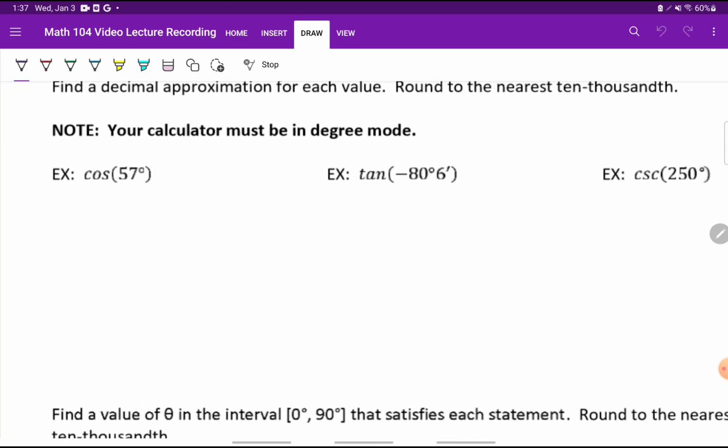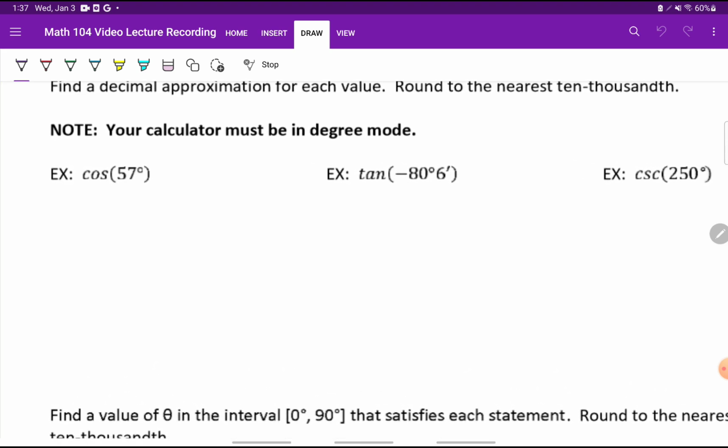All right, well, we want to start by finding cosine of 57 degrees. So once we've made sure that our calculator is in degree mode, we're going to select the cosine button on our calculator, which just looks like COS, and then most calculators automatically open a parenthesis, and then we put our 57 in.